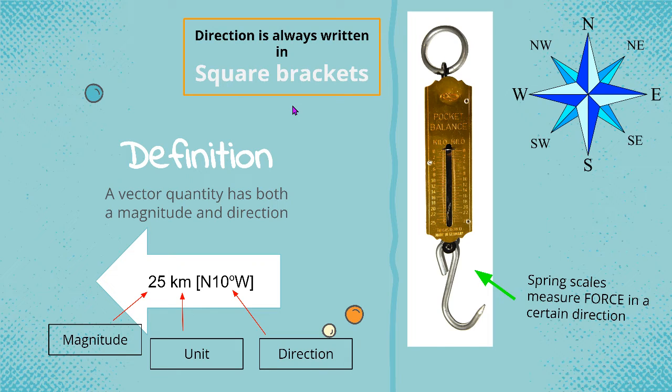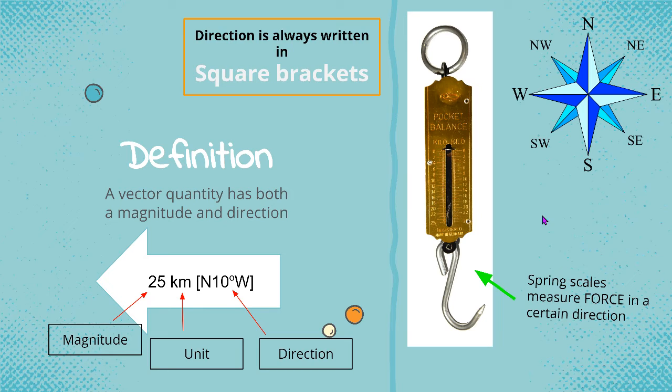What we use to get direction is a compass, and so that's why there's an image of a compass on your handout. And then this thing right here is the spring scale. How does this measure a vector quantity? Well, it measures force in a certain direction, and typically that's like down.